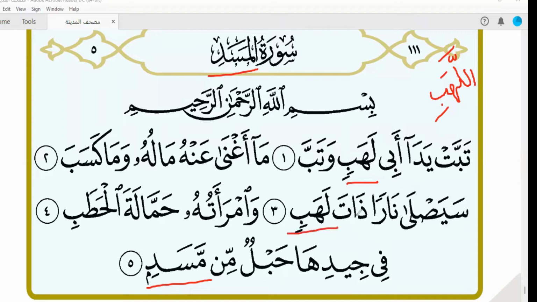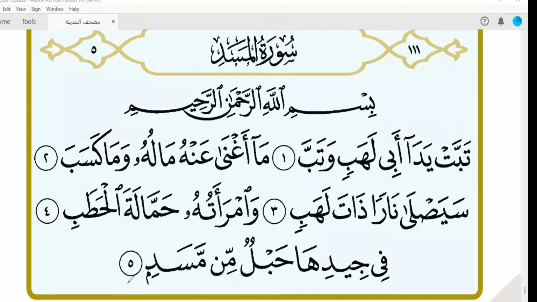It is because of the Lahab. Lahab is a very red burning coal. So it's taken from here actually. So either way, Surah Al Masad or Surah Al Lahab.